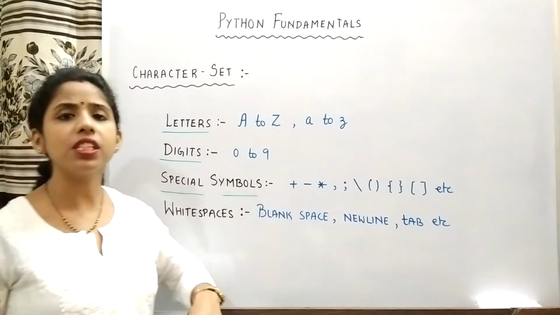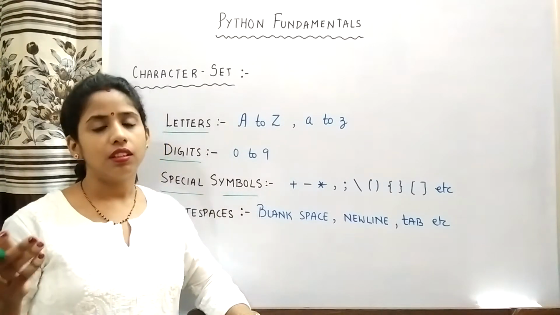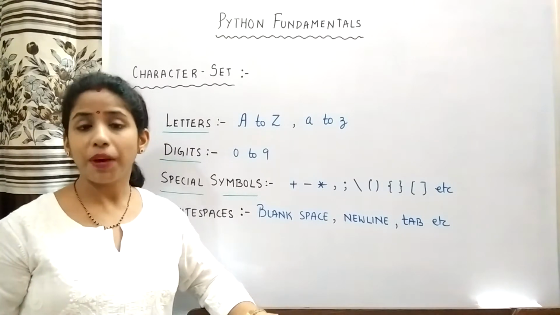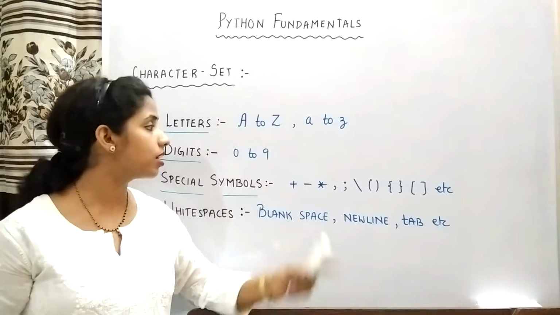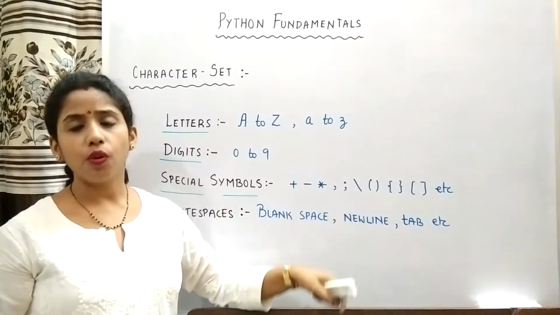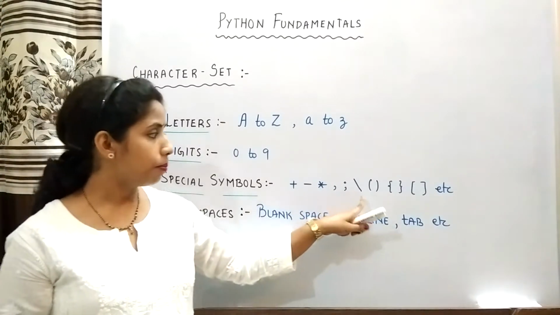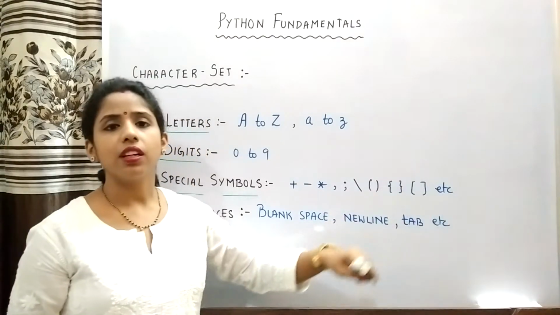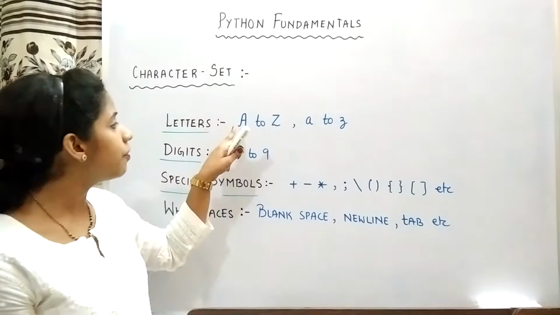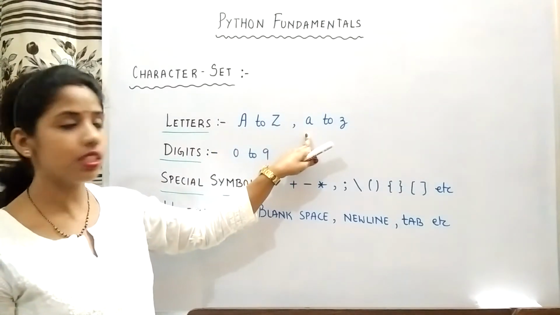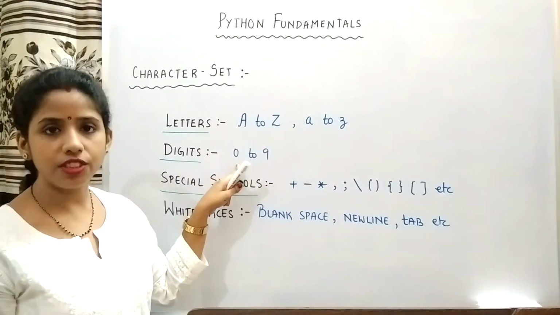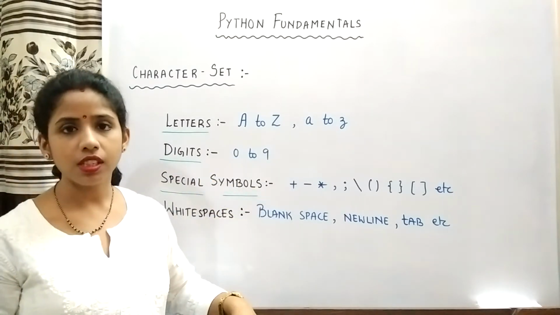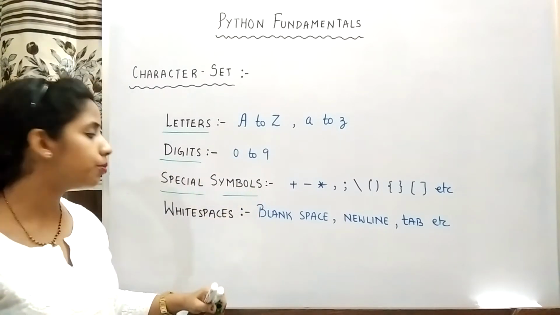Now special symbols include everything like the operators which are there on the keyboard, the punctuation marks which are there on the keyboard like comma, semicolon, colon, okay, like parenthesis, your curly braces, square brackets, everything apart from these letters and digits, okay, comes under this special symbols. So these are also used in Python programming language.